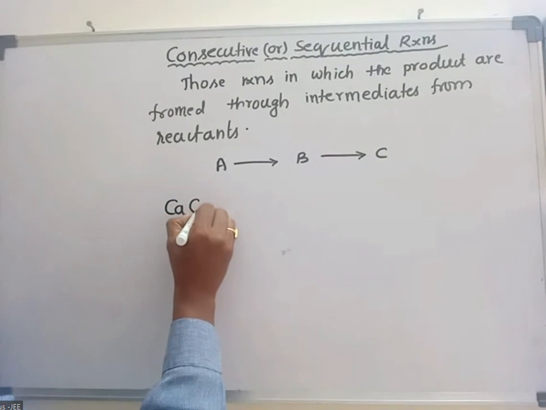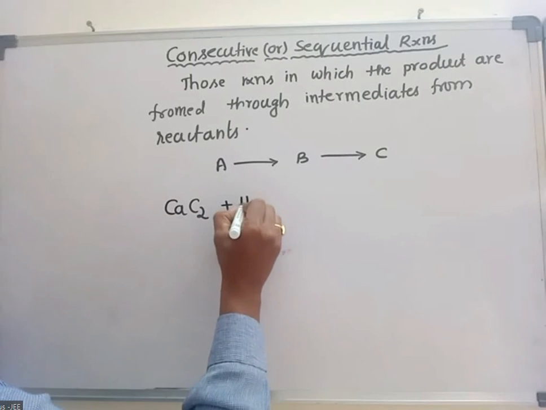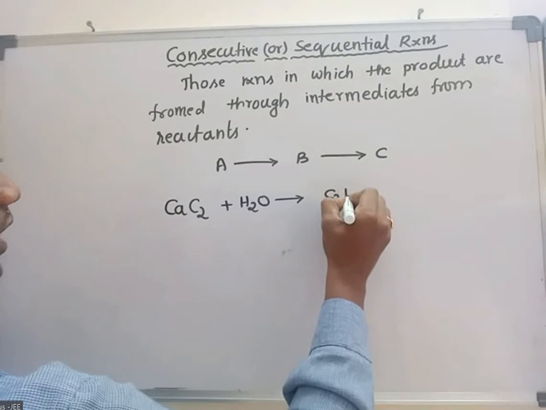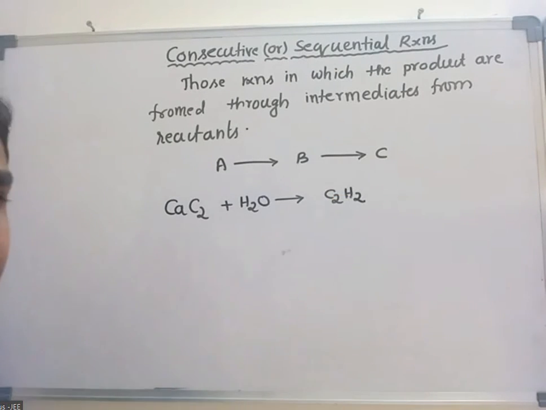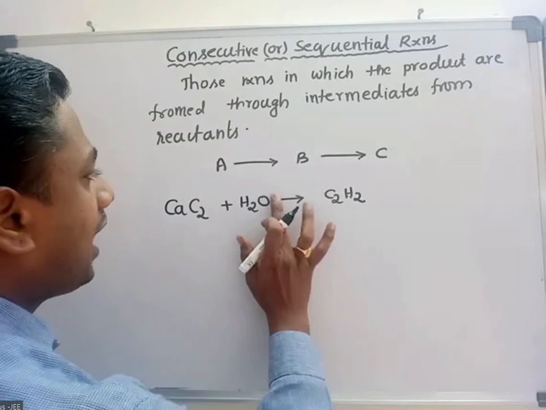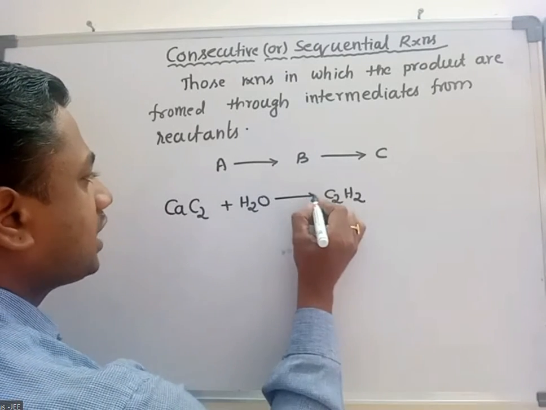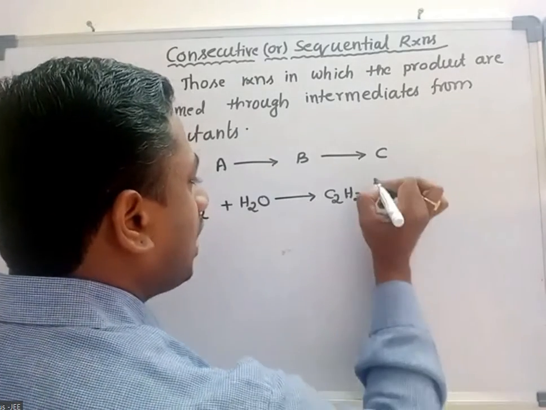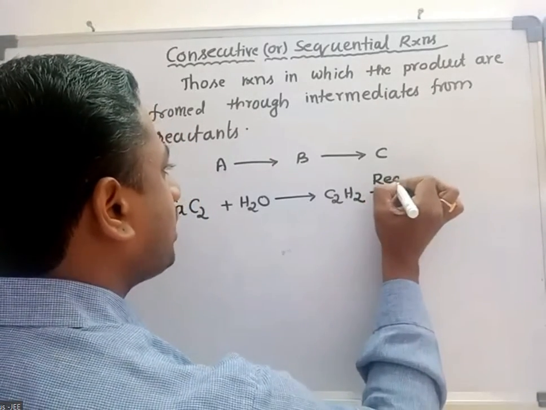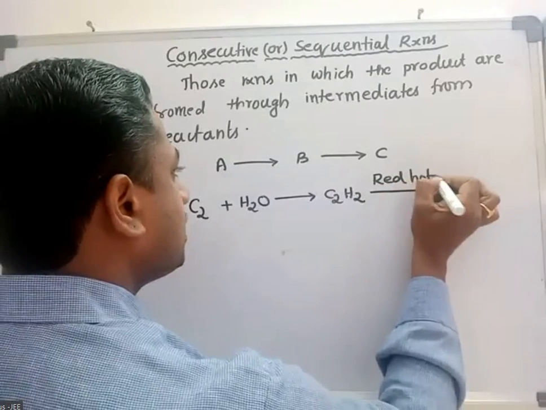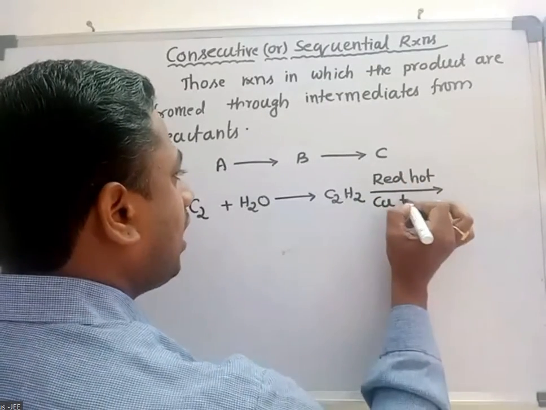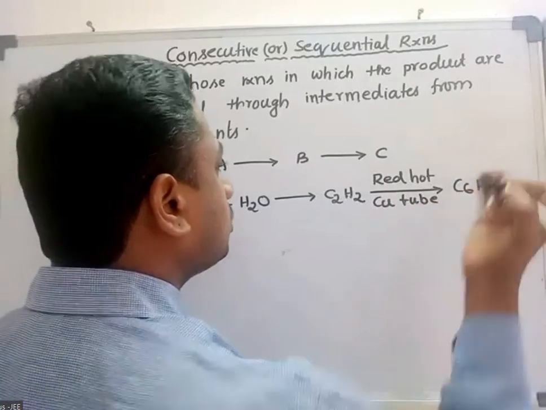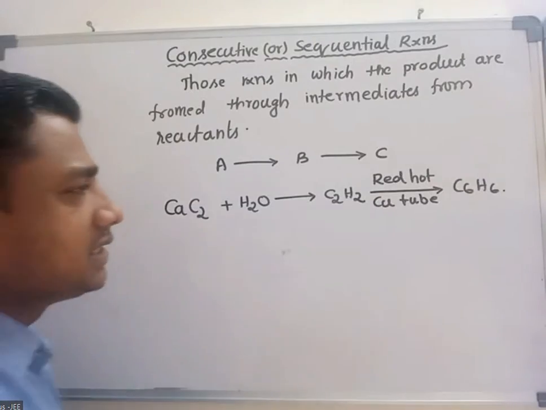Calcium carbide on hydrolysis produces acetylene, which on passing through red hot copper tube forms benzene through cyclic polymerization.